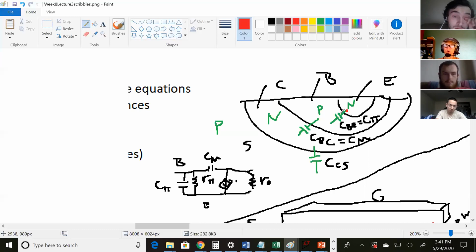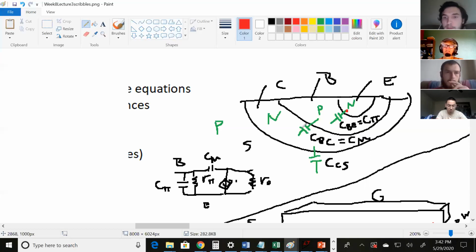But on a common emitter, if you move the base, the collector moves a lot. So that capacitance that goes between the base and collector, both sides of it are moving. So you actually have to adjust for that.